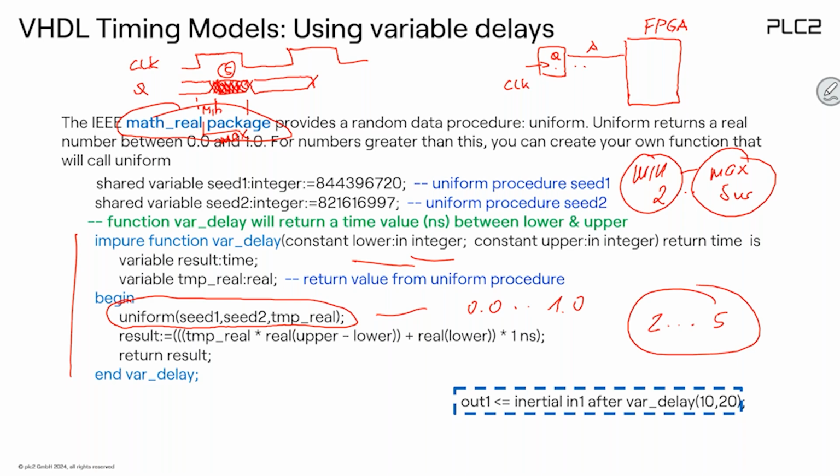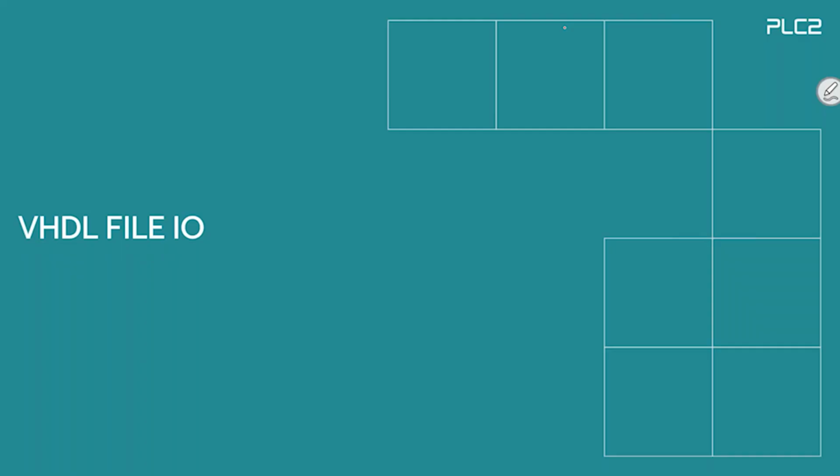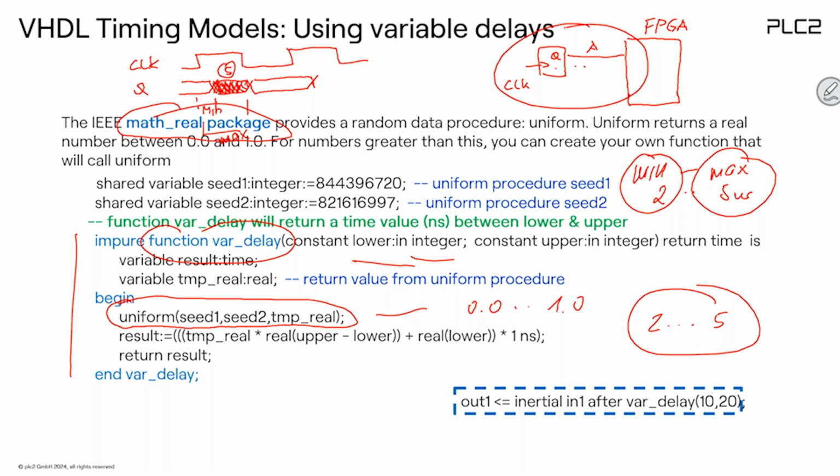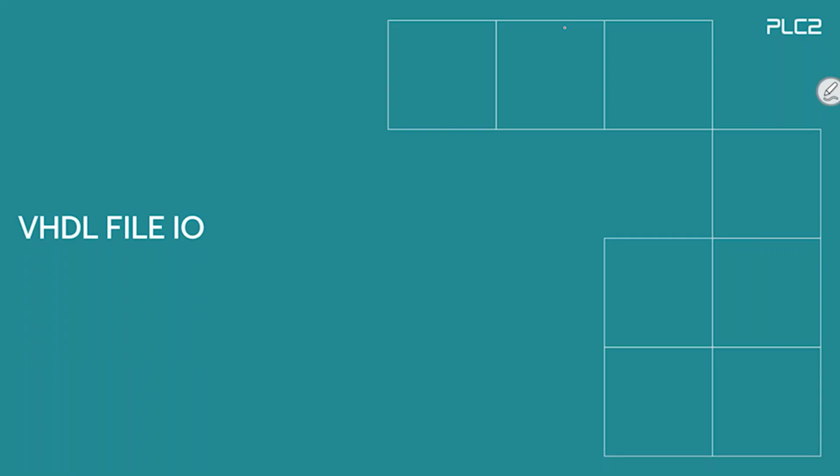This means as soon as you call this function, you will get a new random value, and it's very nice because now you really can model the behavior of this component with a delay in this range. That's very nice. Just use this and try this function in your design.